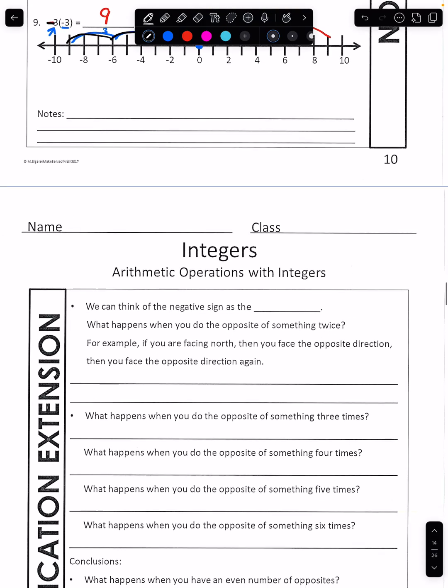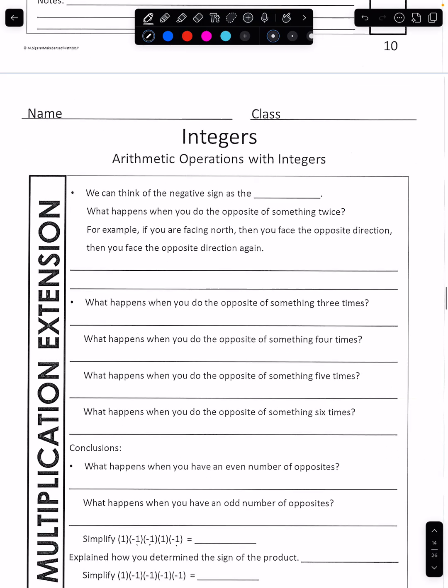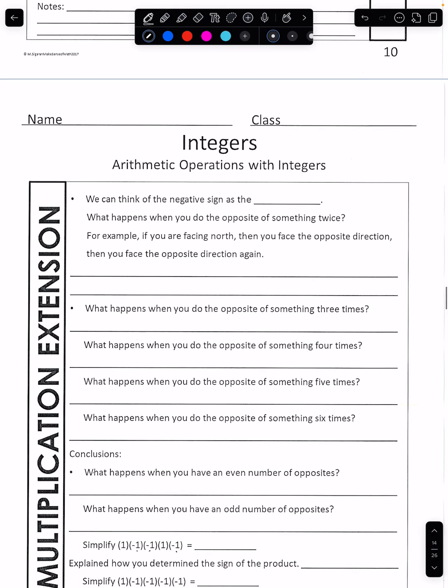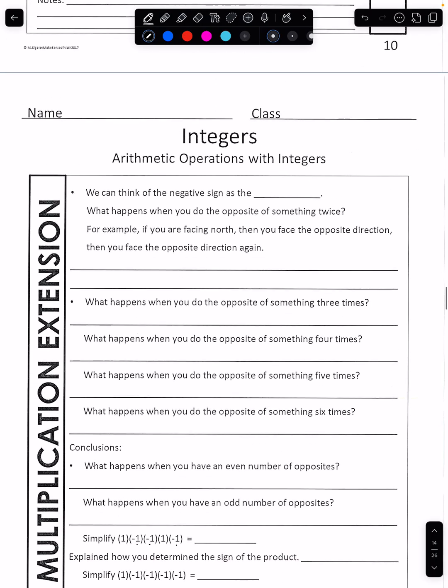All right, if you flip to the next page, the only one I'm going to really emphasize on page number 11 is that when we think of the negative sign, remember it is the opposite of whatever you think it is. All right.